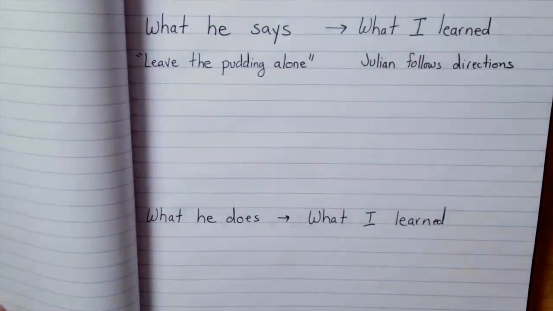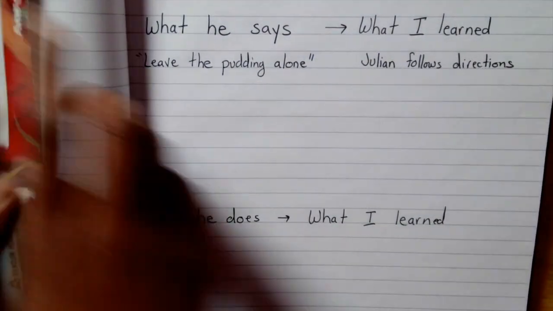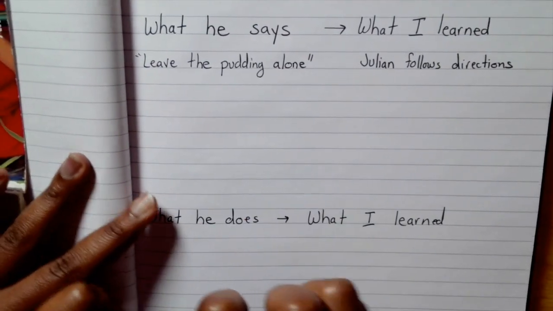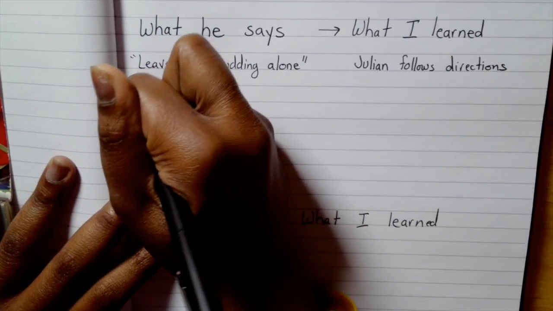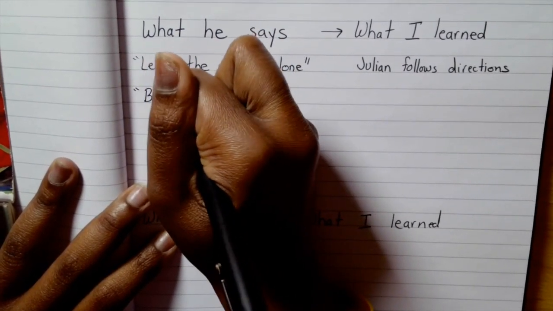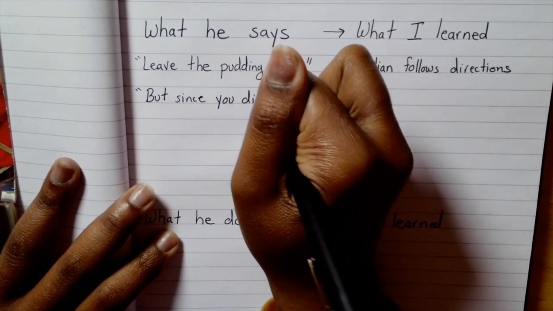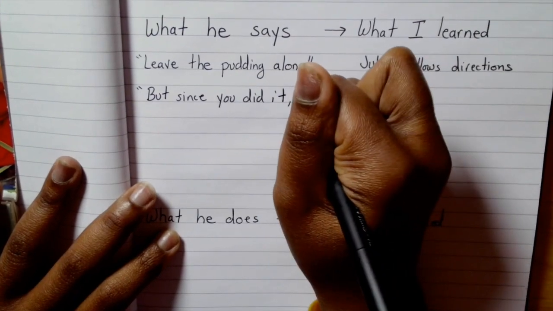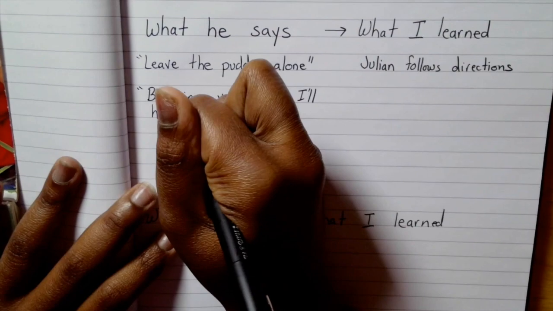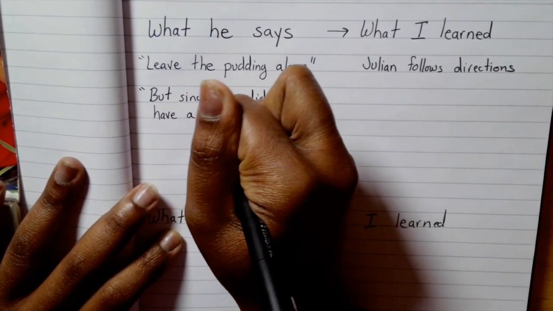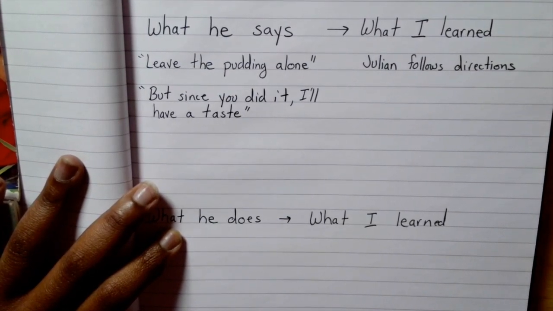Let's keep reading though, because we don't just want to stop there. We want to continue gathering evidence about our characters based on what they say and do. So hold up. Let me see. But since you did it, I'll have a taste. So first we're like, oh, Julian follows directions. But then he says, but since you did it, so what am I now getting about Julian?